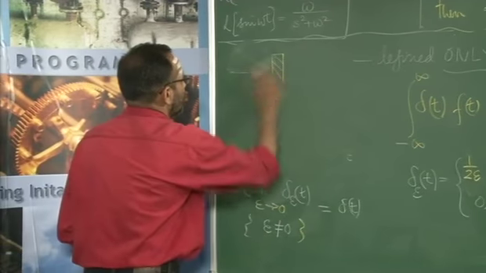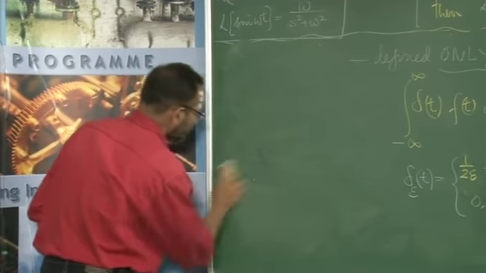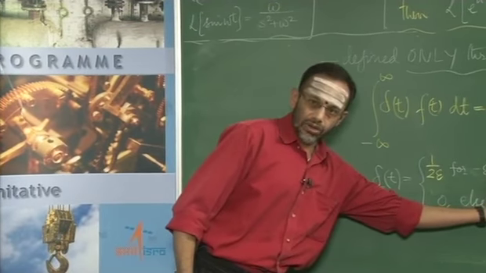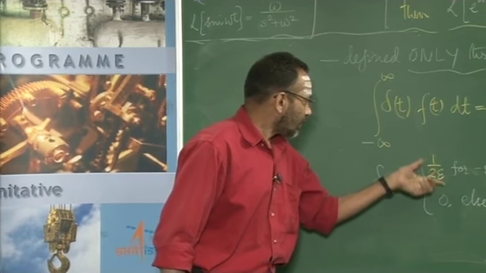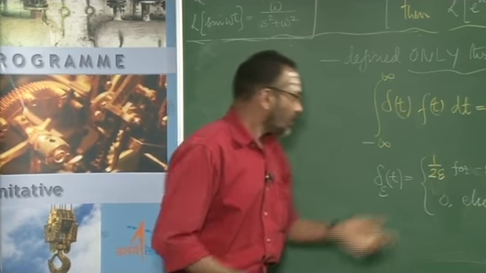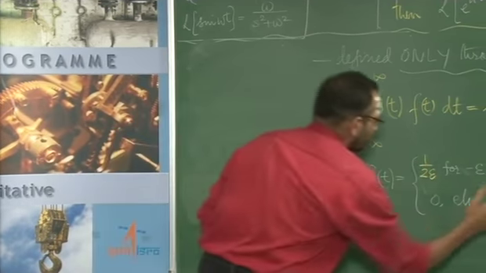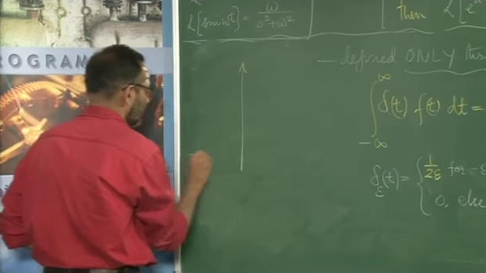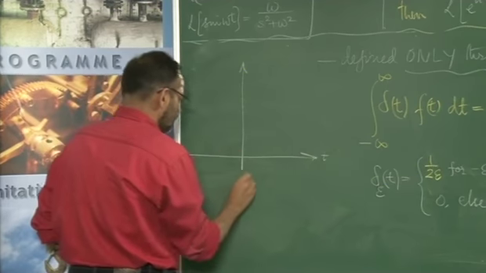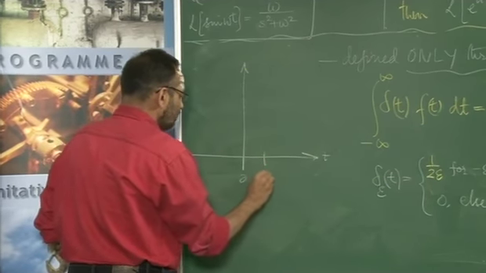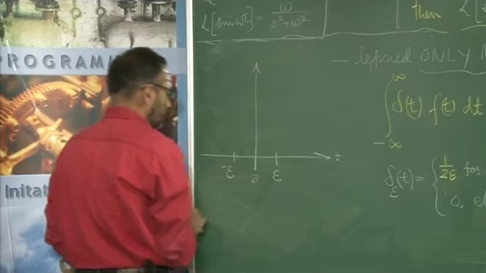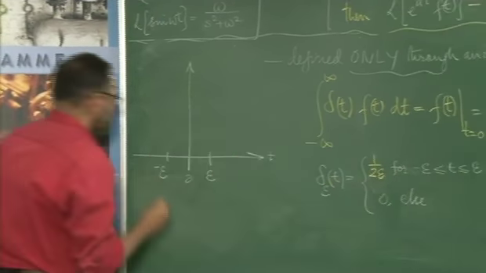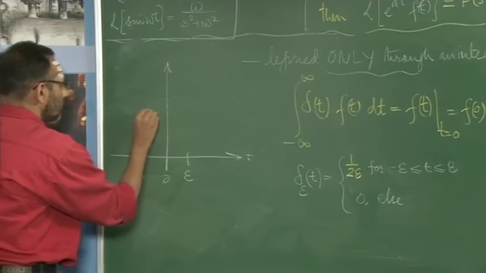Now, let me see what I am doing here graphically. In the interval minus epsilon to epsilon, I have made the height 1 over 2 epsilon. That is the t axis, this is 0, this is epsilon, this is minus epsilon. In t, between minus epsilon and epsilon, it is taking a value 1 over 2 epsilon.